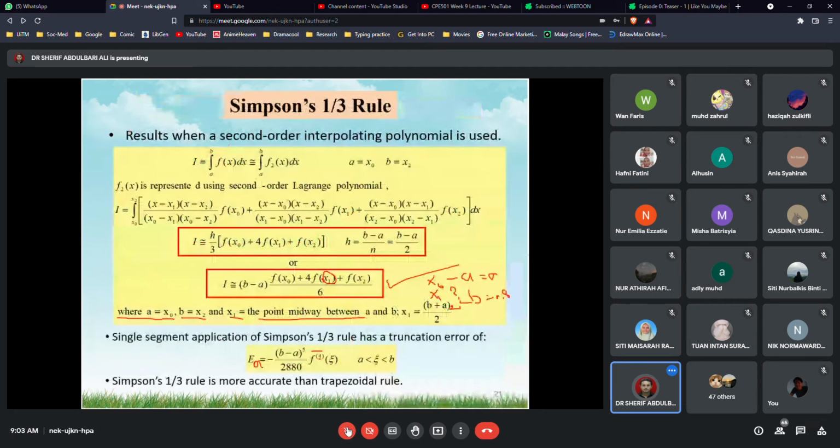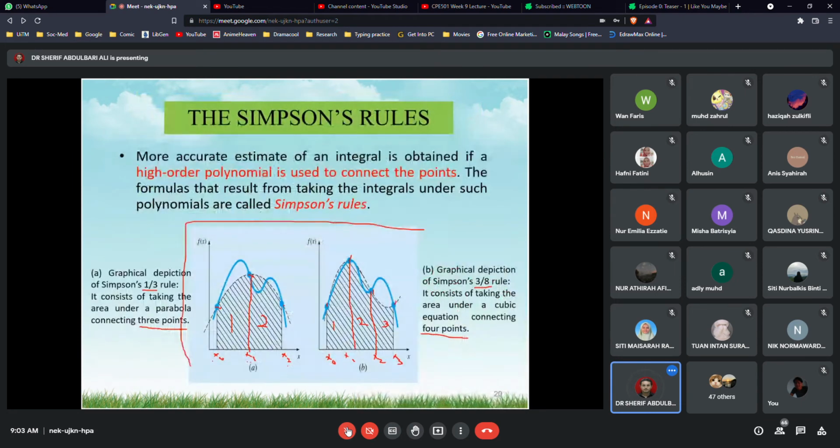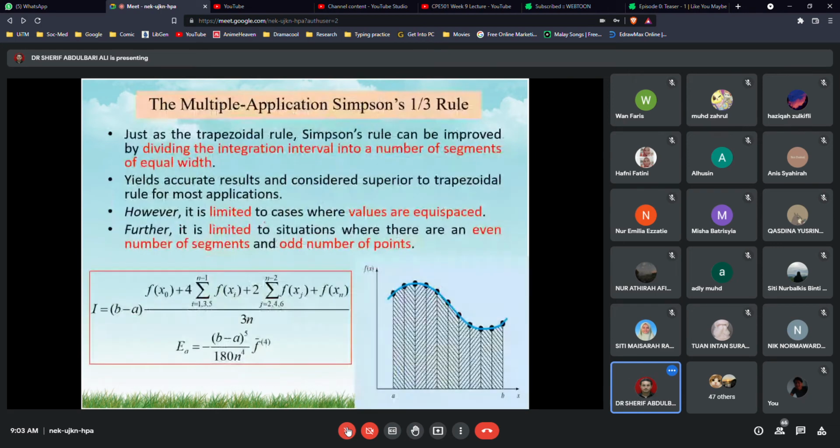That's why I told you from the beginning, you need to remember this. 1/3 needs 3 points, which is odd, and an even number of segments, because 2 is an even number of segments. 3/8 needs an even number of points and an odd number of segments. So this is the limitation of 1/3 multiple segments: the step size must be exactly the same, and you are limited to an even number of segments and an odd number of points.